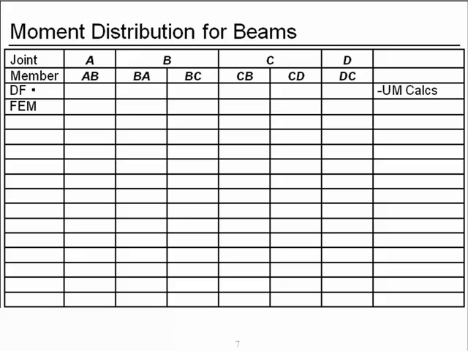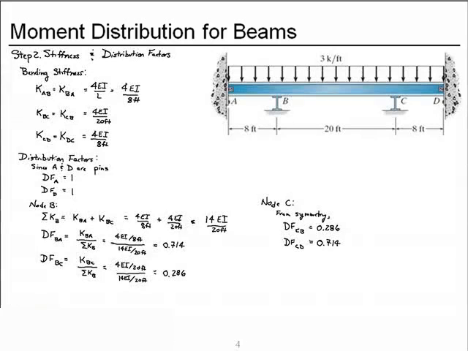We have a distribution factor at each of those, and for member AB at joint A, we found the distribution factor would be 1, likewise for D. And then for BA, we found 0.714, BC 0.286, and then it reverses but same magnitudes at node C.